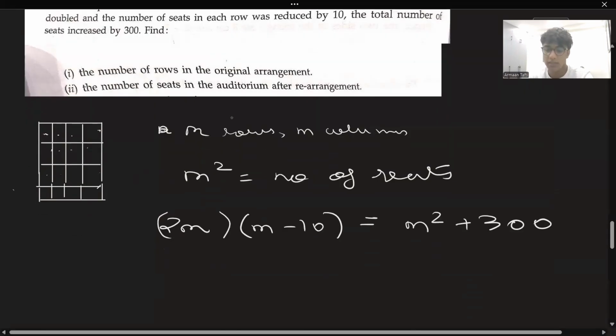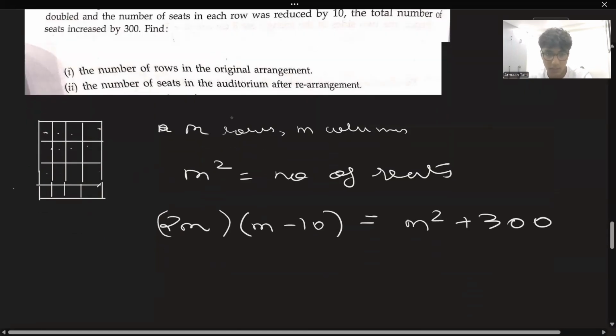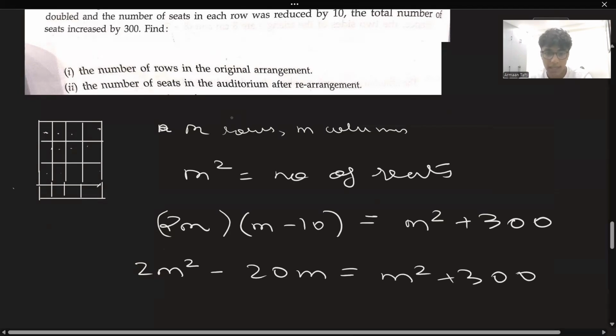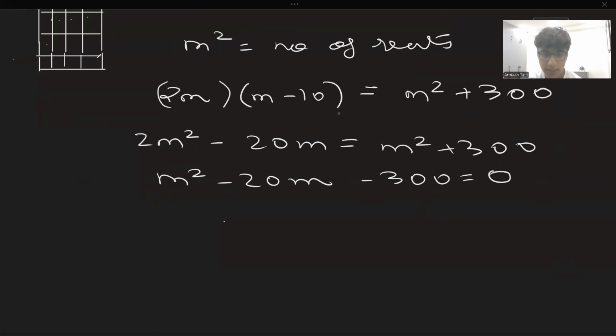Okay, now let's see what happens when we simplify this and solve. 2m square minus 2 times 10, 20m equals m square plus 300. So m square minus 20m minus 300 is equal to 0. Okay, so now if we factorize this, it's pretty simple. You can see directly 300 is just 30 into 10.